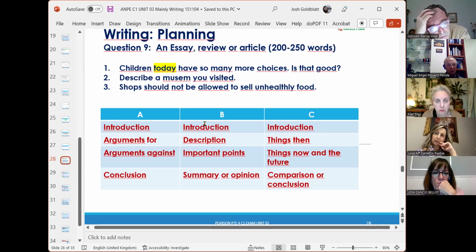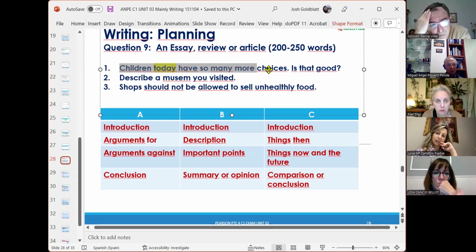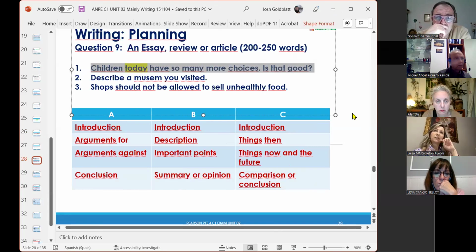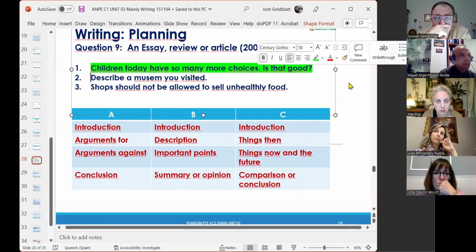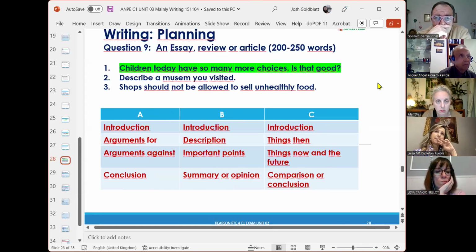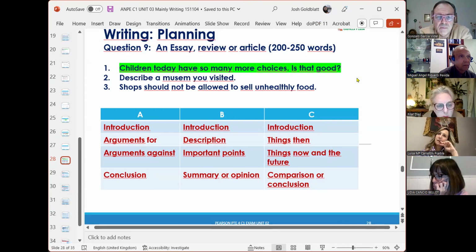So here's a question. If we said, here we go, number one, if that's the essay title, which would it be? A, B, or C, do you think? A, B, or C? Which model would we use?